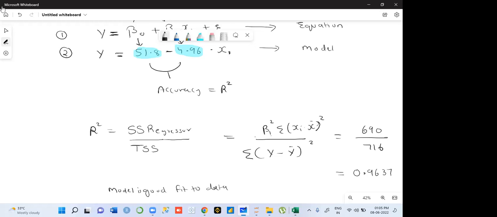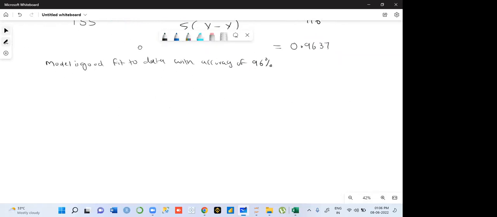We say the model is a good fit to the data, with 96% accuracy. So how accurate are these two numbers, beta naught and beta? 96%. Clear? Anisha, Ragini, Kiran? Yes, sir. Now moving forward, guys.